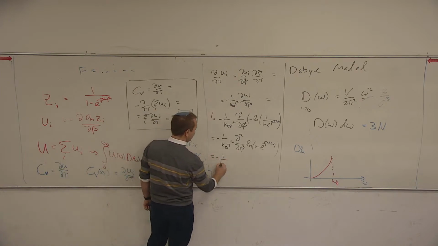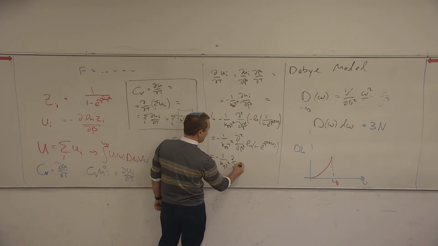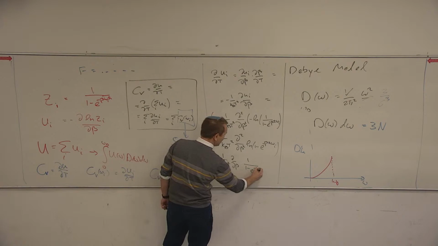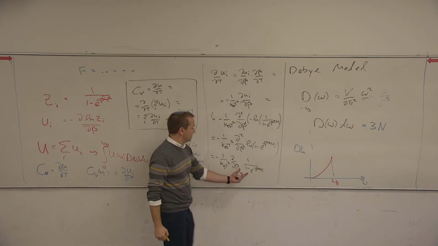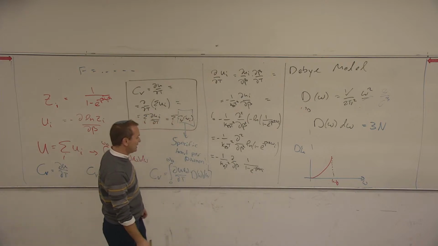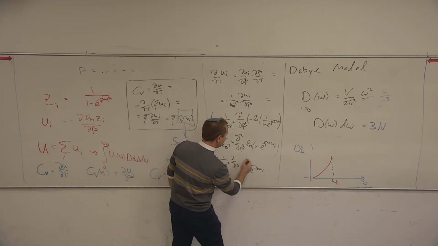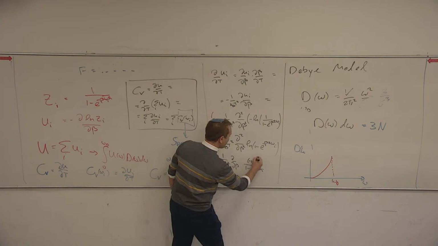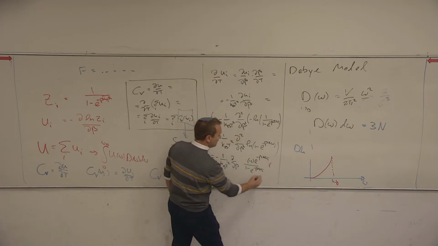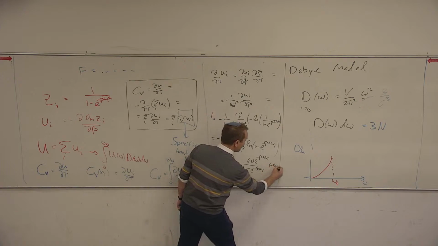The first derivative is 1 over k Boltzmann T squared, d by d beta of 1 over 1 minus e to the power minus beta h bar omega I, and the inner derivative of 1 minus e to the minus beta h bar omega I is minus 1 e to the power minus beta h bar omega I multiplied by minus h bar omega I.